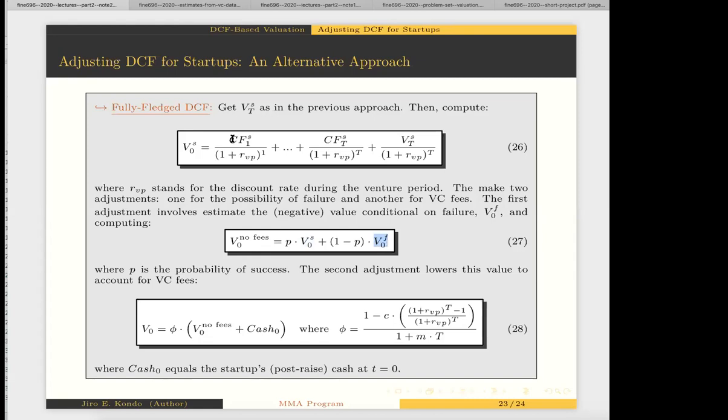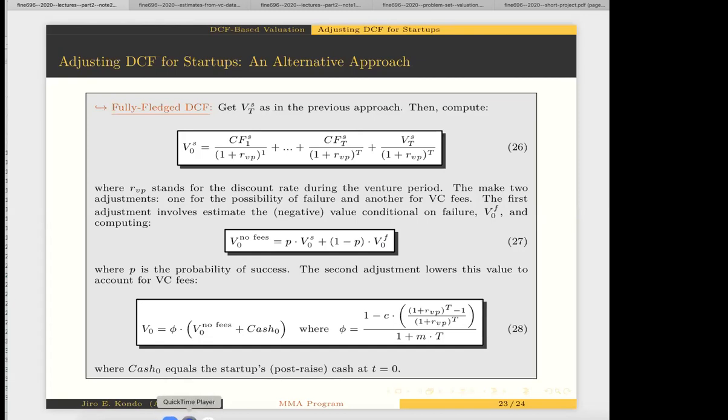So what we did here is we basically did a DCF. In equation 26, we did a DCF of the expected cash flows of the startup, assuming success. Now what we'll do is estimate cash flows for the startup over time, assuming eventual failure.